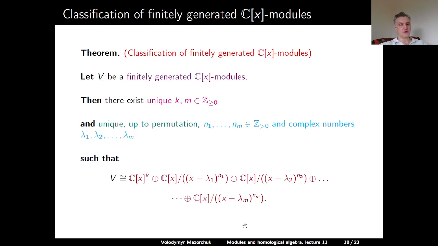So we take the regular module C[x] and we divide by the ideal generated by (x minus lambda 1) to the power n1. So the next summand, C[x] divided by the ideal generated by (x minus lambda 2) to the power n2, and so on. The last summand is C[x] divided by the ideal generated by (x minus lambda m) to the power nm.